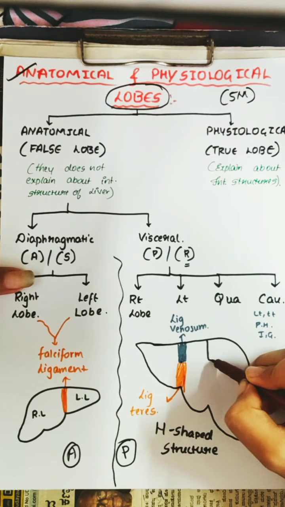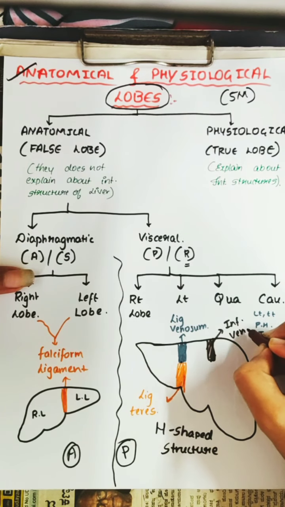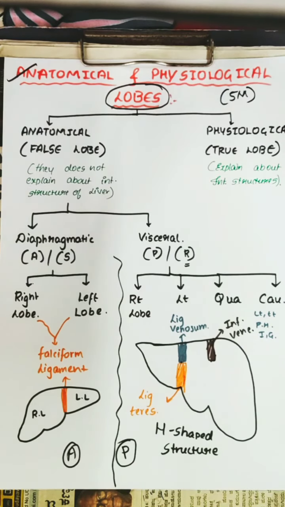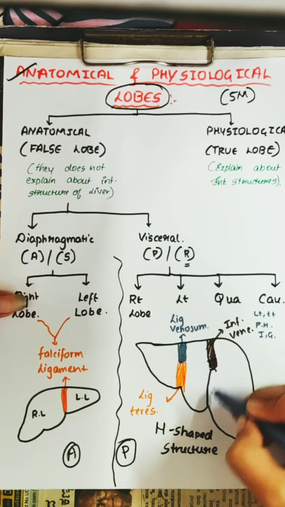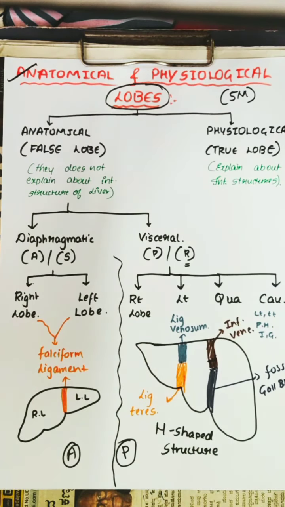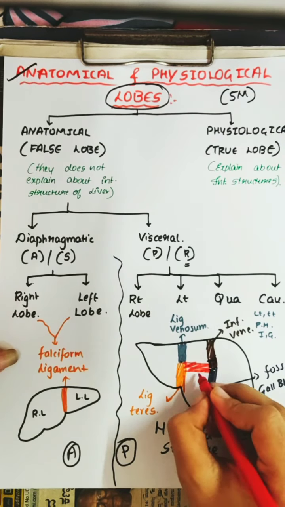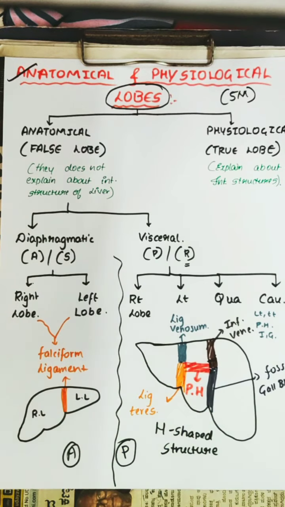On the other side, it is formed by the inferior vena cava. And below, it is formed by the fossa of gallbladder. Now, the main gate, the middle channel of the H-shaped structure, is formed by porta hepatis. Porta hepatis is a very important question usually asked.